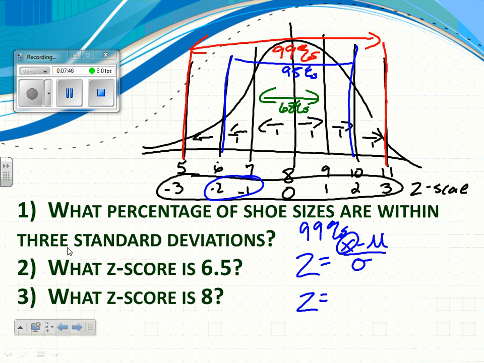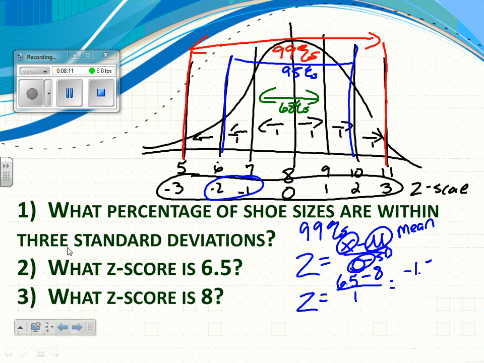I want to know about 6.5. That's the specific one I'm talking about at this point in time. Minus the mu, which is our mean. Which one's our mean? 8. Divided by our standard deviation, which is 1.